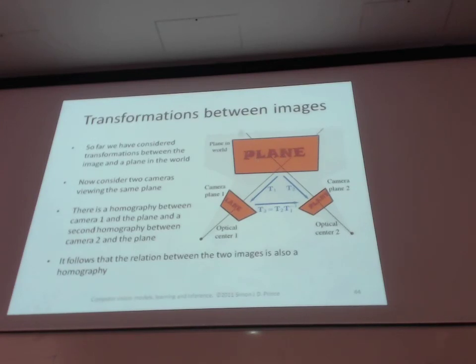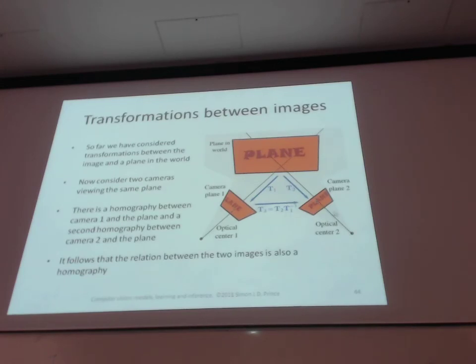If we take a planar scene and project it into a camera, there is a homography, we call it T1, relating points in the world to points in camera 1. Similarly, we could take a photo of this same planar scene with camera 2, and there is a homography T2 relating those. Because everything here is planar, we could also make a homography that goes directly from camera 1 to camera 2. And that's what you were doing yesterday in the lab.